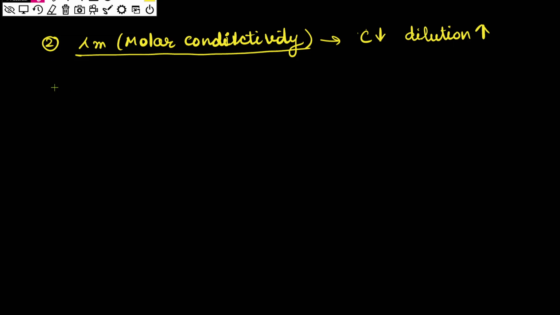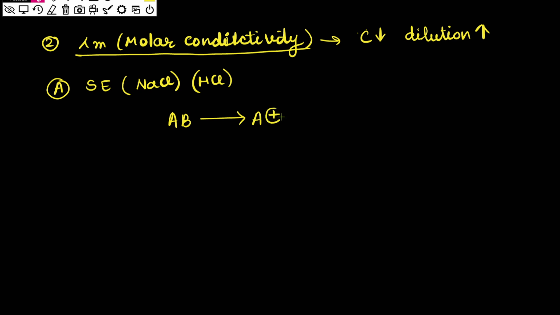Let's first take the case of strong electrolyte. Let's say we have some strong electrolyte, taking the example of NaCl itself, or taking the example of HCl. So if we are increasing the dilution, they will be dissociated, right? The strong electrolyte will directly dissociate into A plus and B minus.